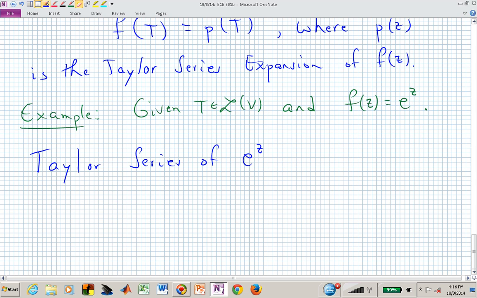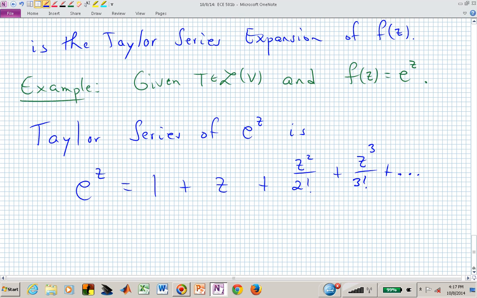It has all these factorials in it, doesn't it? We have e to the z equal to 1 plus z plus z squared over 2 factorial plus z cubed over 3 factorial, and that pattern is repeated.